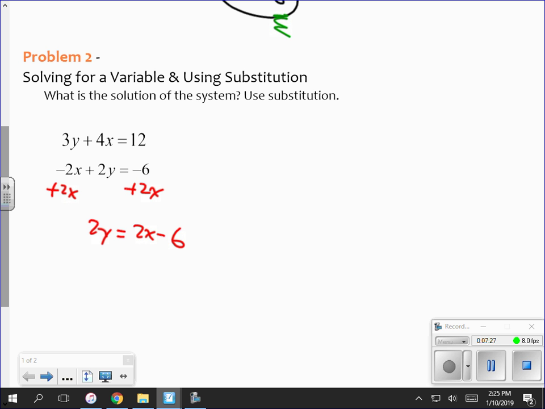Okay. And now I get down to here, I need to get y by itself. So if I want 1y, I don't want 2y, what do I do? I divide by 2. If I divide that by 2, I divide everything by 2. And I get y equals x minus 3.